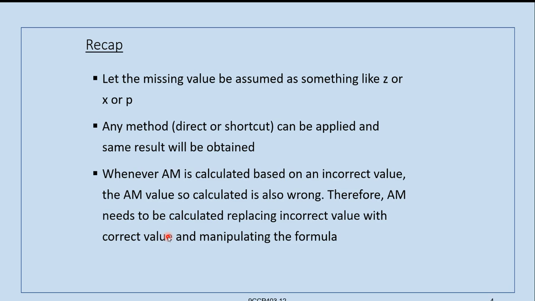So, to quickly recap the previous lesson, we have seen how to calculate the arithmetic mean, and recalculate the arithmetic mean when an incorrect value is taken and the arithmetic mean is wrongly calculated.